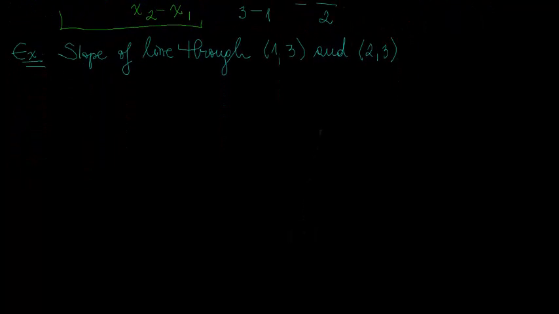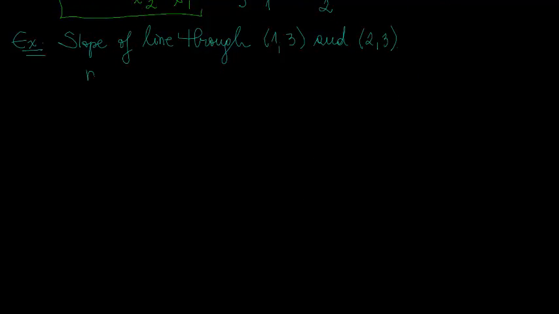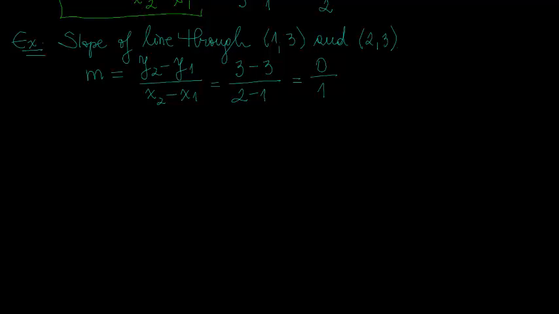If we use the same formula, m is y2 minus y1 over x2 minus x1, we're going to have 3 minus 3 divided by 2 minus 1. So we get 0 divided by 1, which equals 0. So we've obtained a zero slope, and this is quite a special number, so let's try to understand what's going on here.